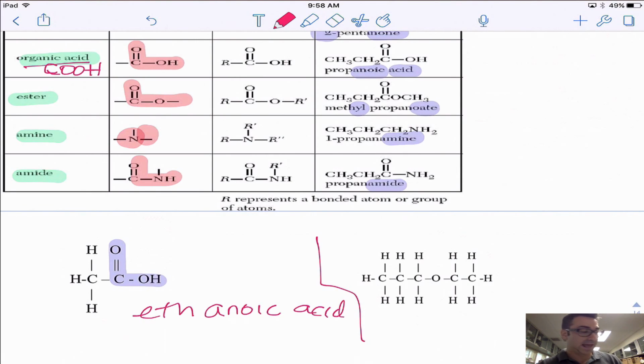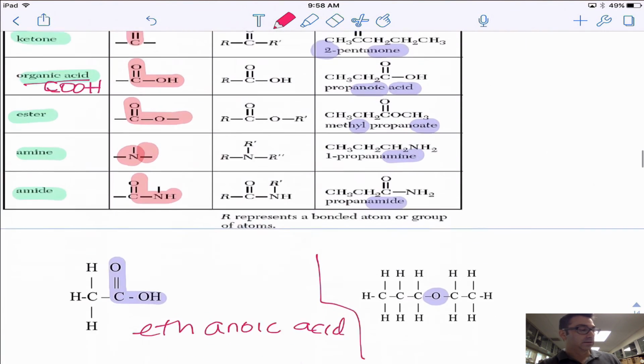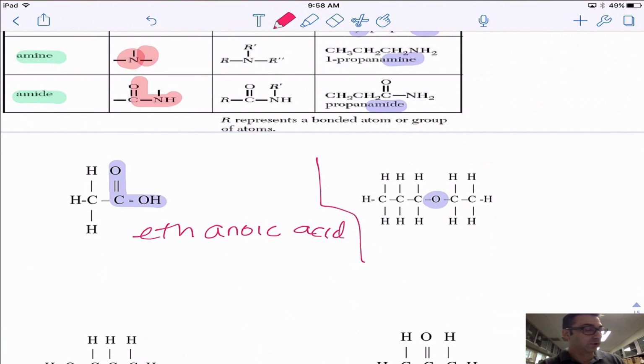The next one, I look at the functional group, it has an O in the middle of the chain. I go back and I look on table R. Here it is. Ethers has the O in the middle of the chain. So when I name the ether, table R names one group, so that'll be propyl.